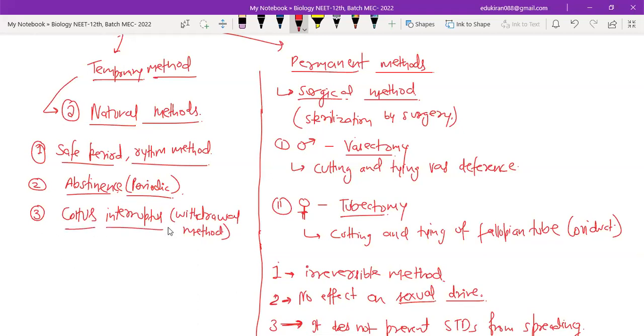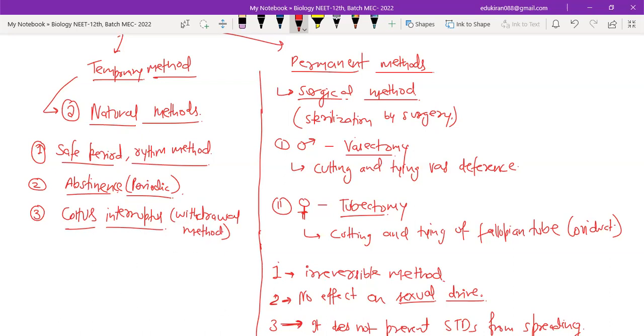So in this method, write down, in coitus interruptus the male partner withdraws the external genitalia, which is the penis, from the female tract, from the vaginal tract, just before ejaculation, to avoid insemination.